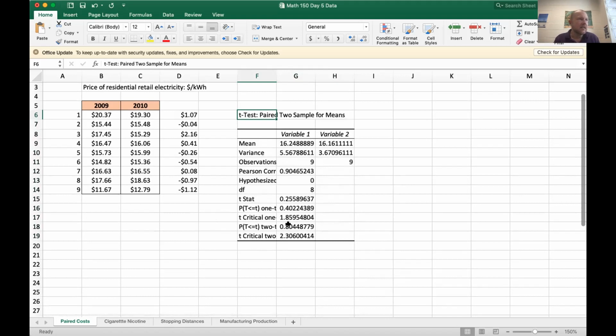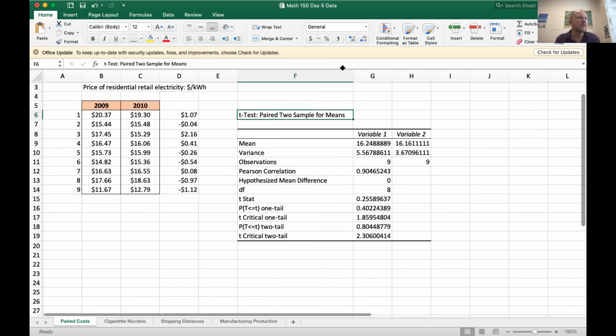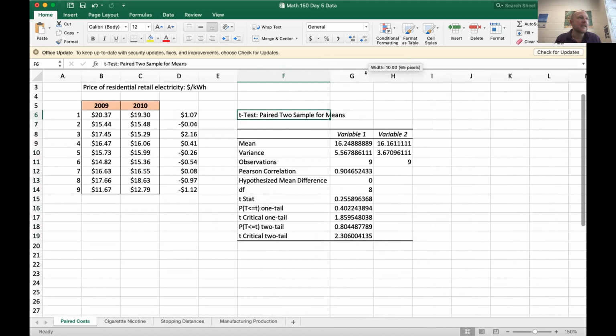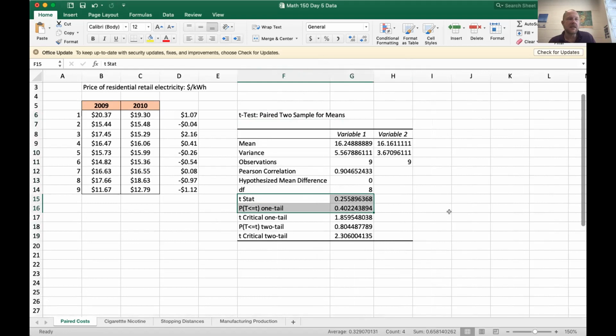But looking at what we've got, and I don't need that much space in there, it drags out all these different numbers for it. And what you're going to have to look at is either this piece here, okay, or this piece here, okay.